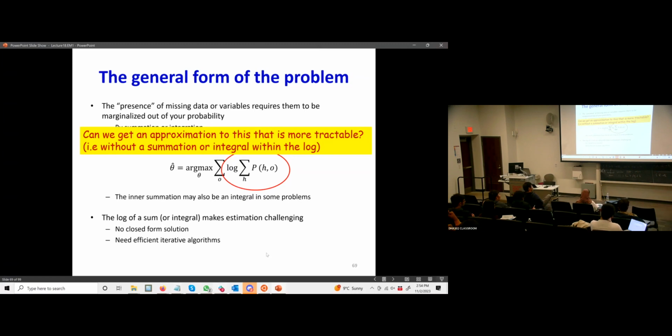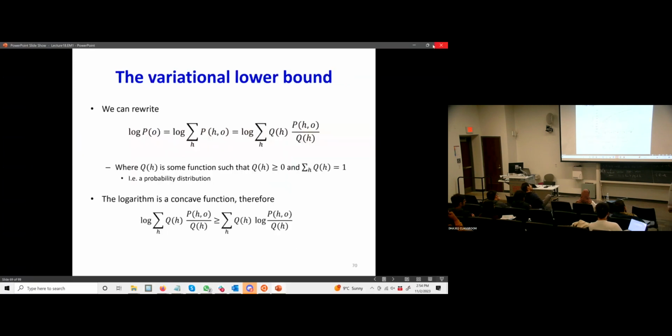Can I replace this with an approximation that's more tractable, which will still give me the solution? It may not be a closed form solution immediately. It may give me an iterative solution, but can I approximate this with something that's more tractable? That's our approach to the problem.